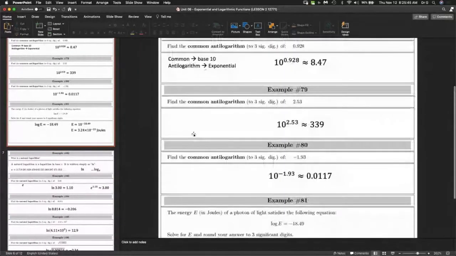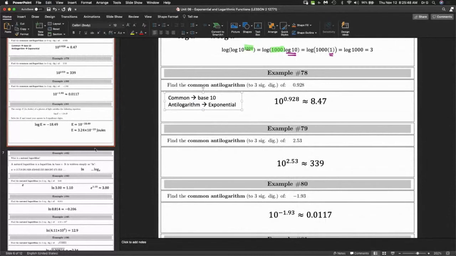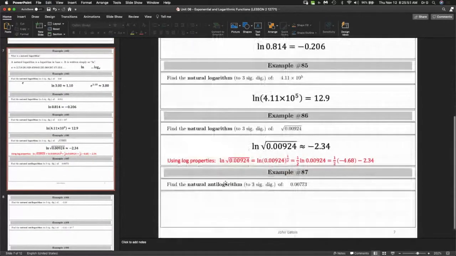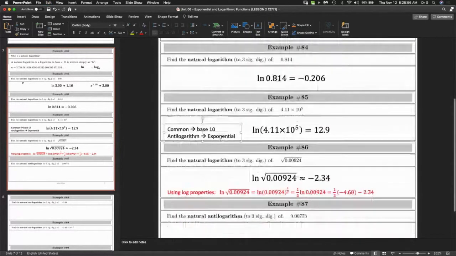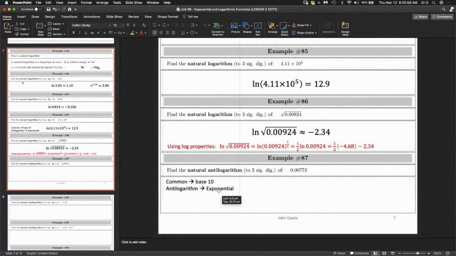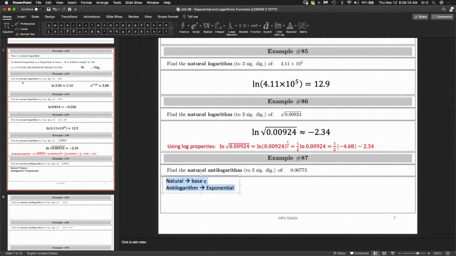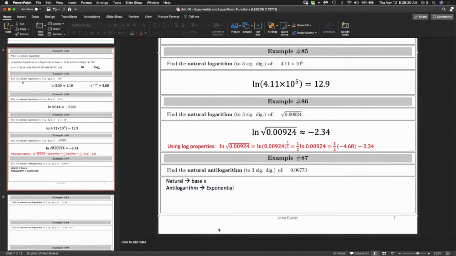So I'm going to go back here and steal some text. Remember that we have the phrase anti-logarithm and common from before. Common anti-logarithm was base 10 and exponential. So the word natural replaces the number 10 with e, and then you have the natural anti-logarithm.